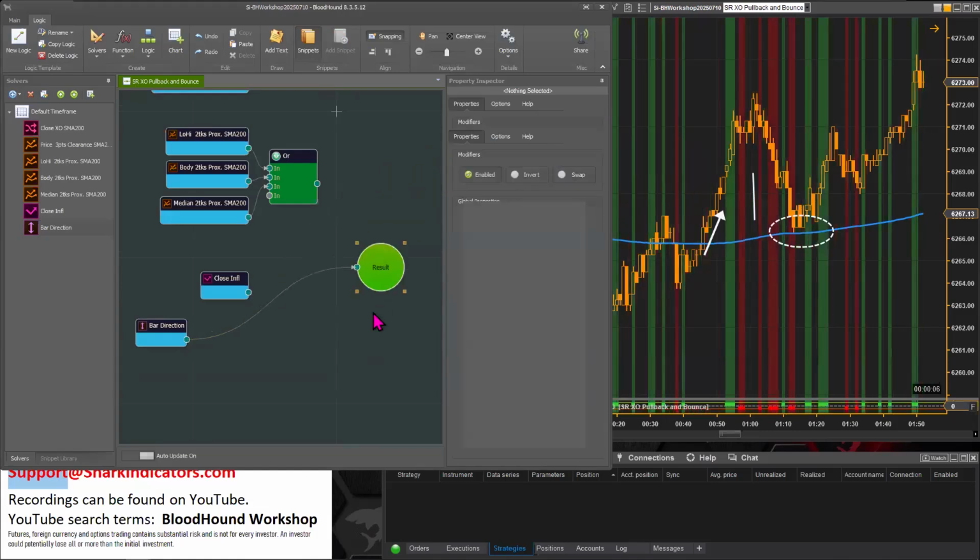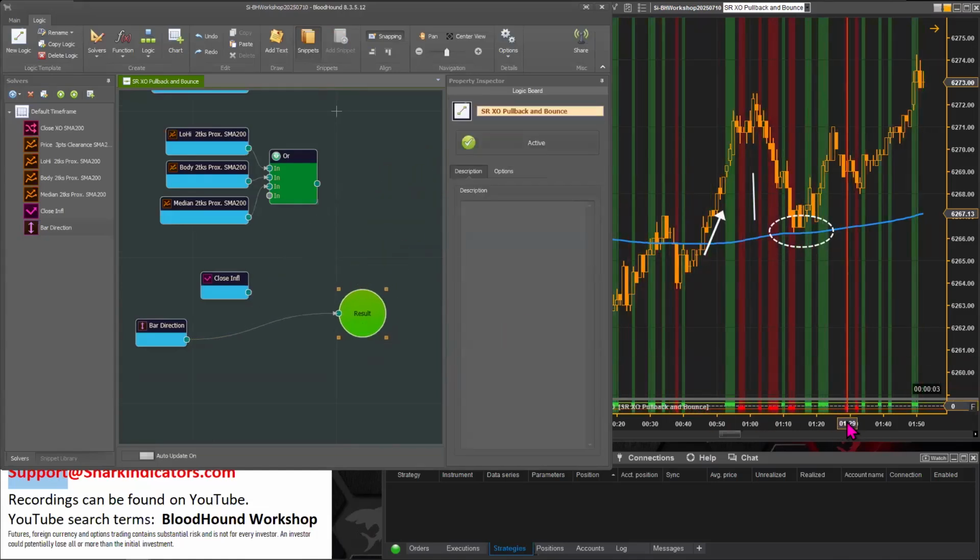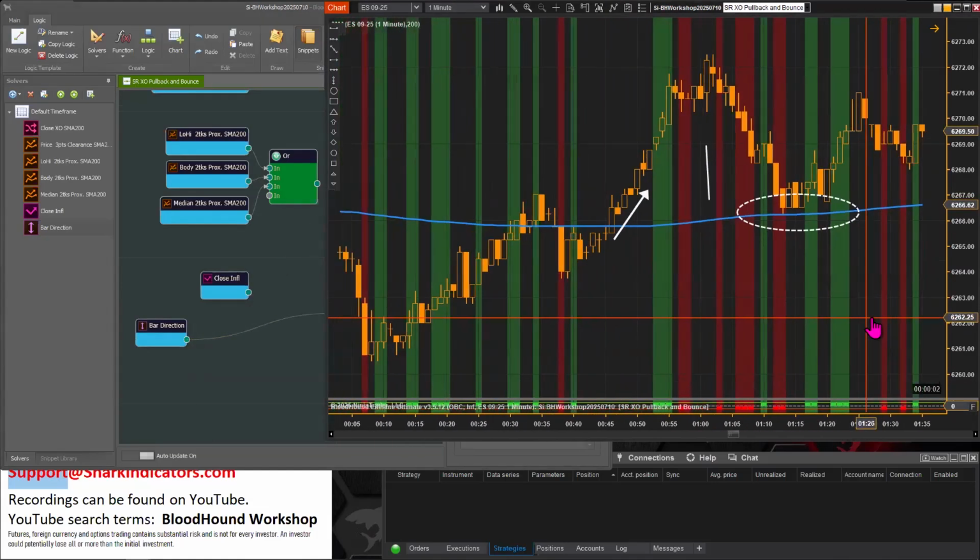So if we connect this in, and zoom in there, here's price bouncing, consolidating on top of the SMA. And then we do actually get 3 bars up. We do get 3 bars up. And on the second up bar, we get a long output.